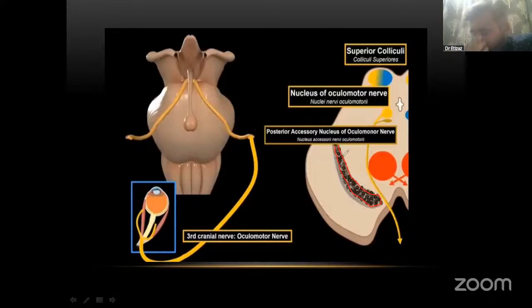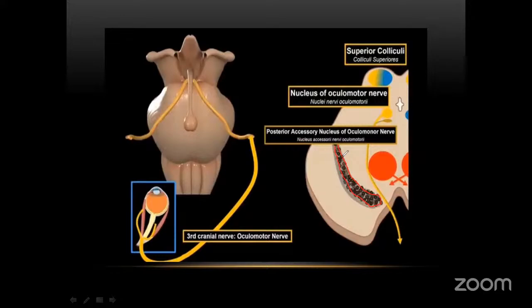It has two parts. What are the names of these two parts? Substantia nigra. Yes, Dr. Mustafa, you want to say something? No, sir. Substantia nigra has two parts.